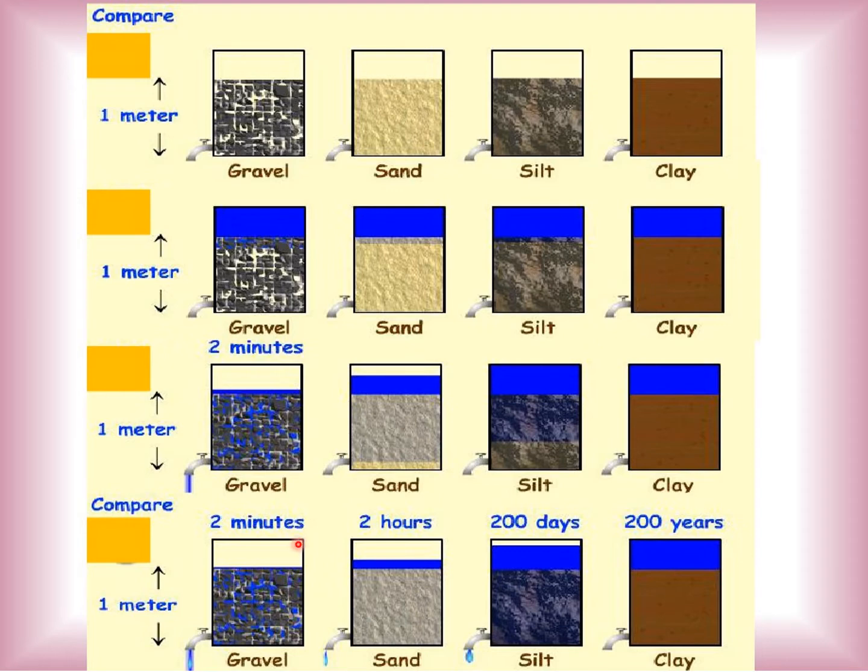And you see here, after 2 minutes, all the water can go out from the soil. And here for sand, after 2 hours, for silt after 200 days, for clay 200 years, for example. So that means the value of K for gravel is greater than sand, K of sand is greater than silt, and K of silt is greater than clay.